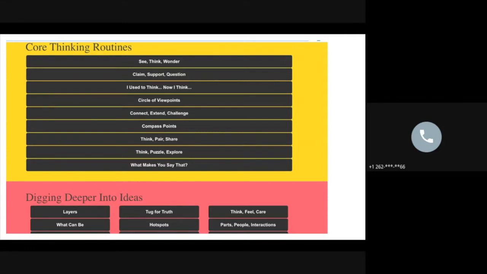Okay, next slide. When you select a strategy, it will pull up the following information. For example, I know Jenny and I are big fans of the See, Think, Wonder strategy. So after a student analyzes a picture or watches a video clip, if you changed it to hear, it could be an audio clip or a podcast you may have kids listen to, or even a small lecture that you may give.